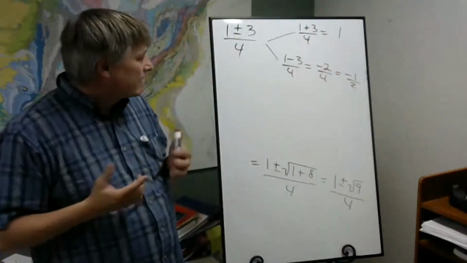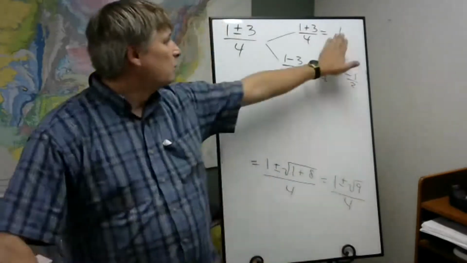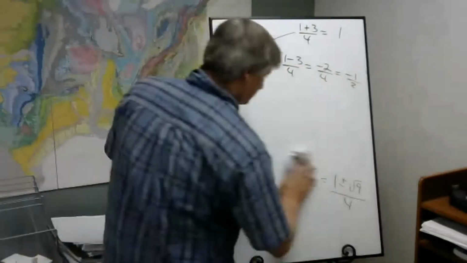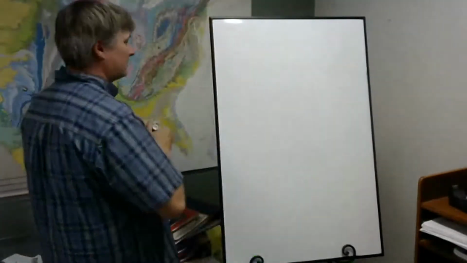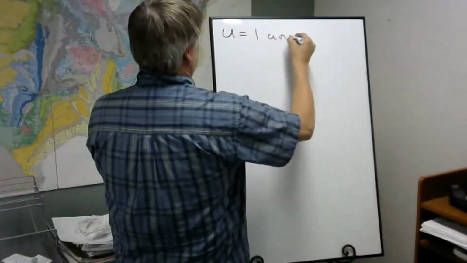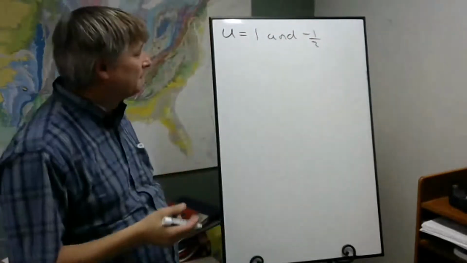So our answer for u, and that's all that we've done, we just solved for u, is going to be 1 or negative half. Both of these are answers.